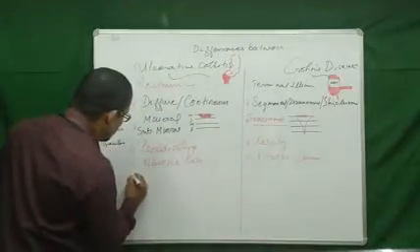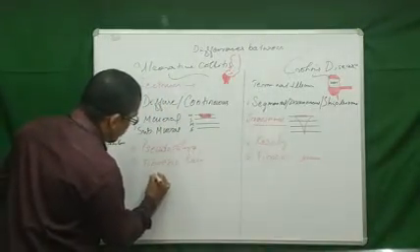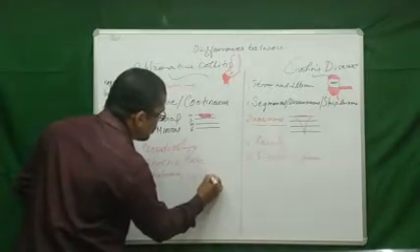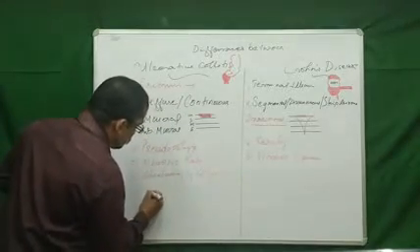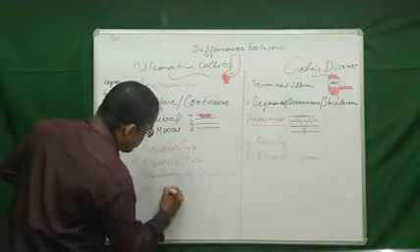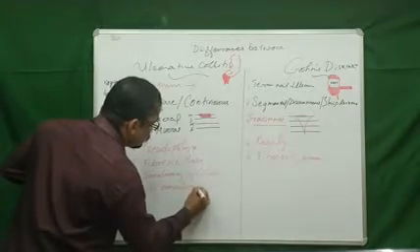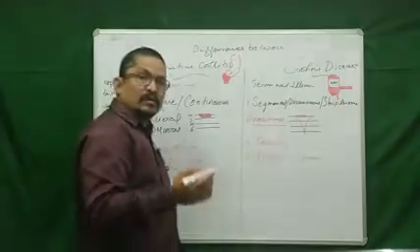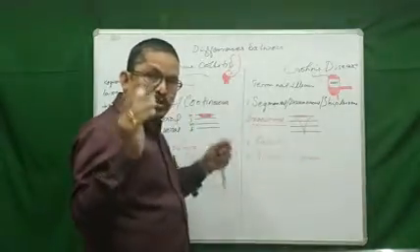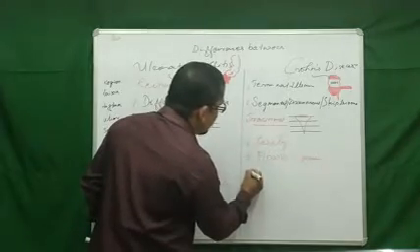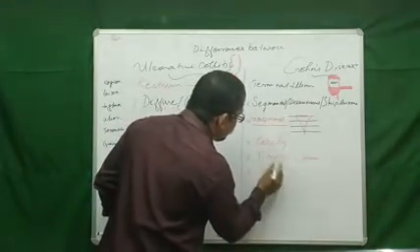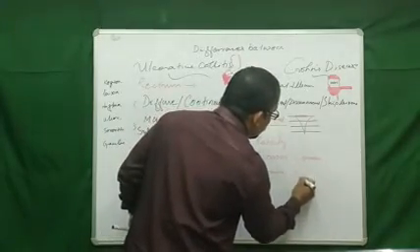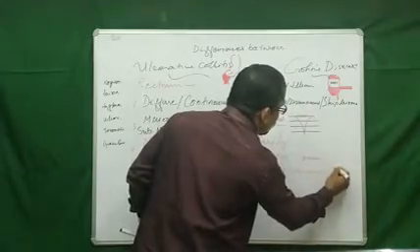So, number 6, shortening of the colon due to contraction of muscles, whereas in Crohn's disease, shortening and fixed narrowing are due to a severe degree of fibrosis.